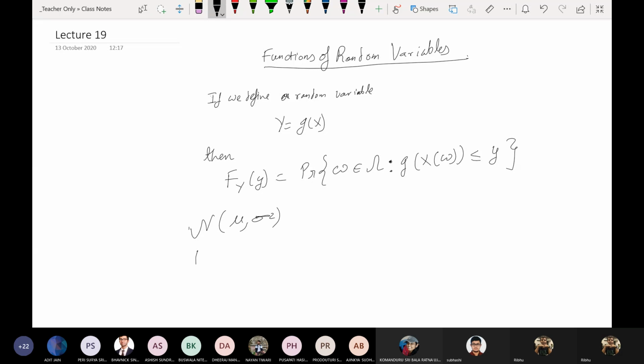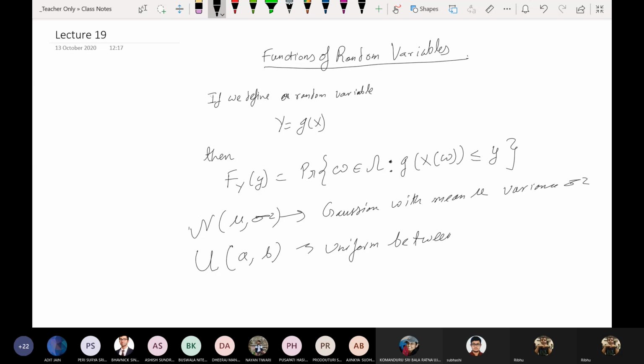And at times, Gaussian with mean mu, variance sigma square, uniform between A and B. Fine.